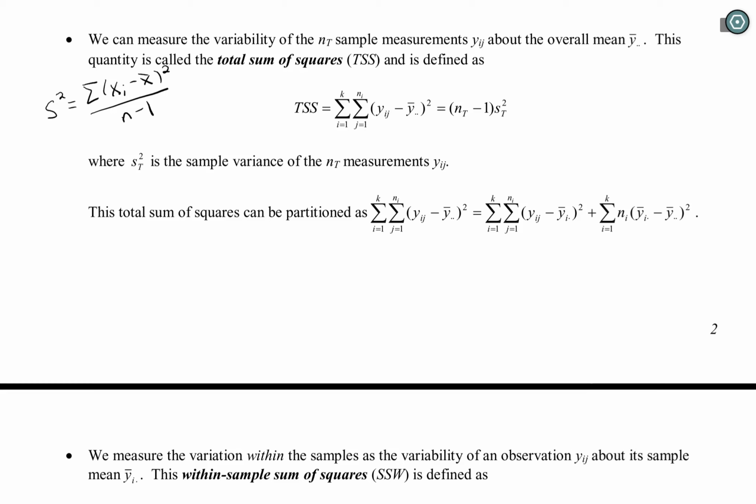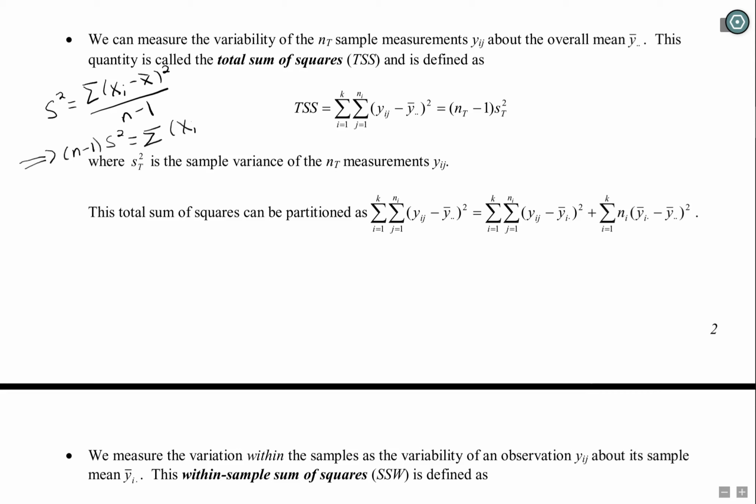And I want you to note that, well, let me come back to this expression here on the left-hand side. In the single sample case, we could have written this equation as n minus 1 times s squared, right? Just using a little algebra. Multiply both sides by n minus 1.